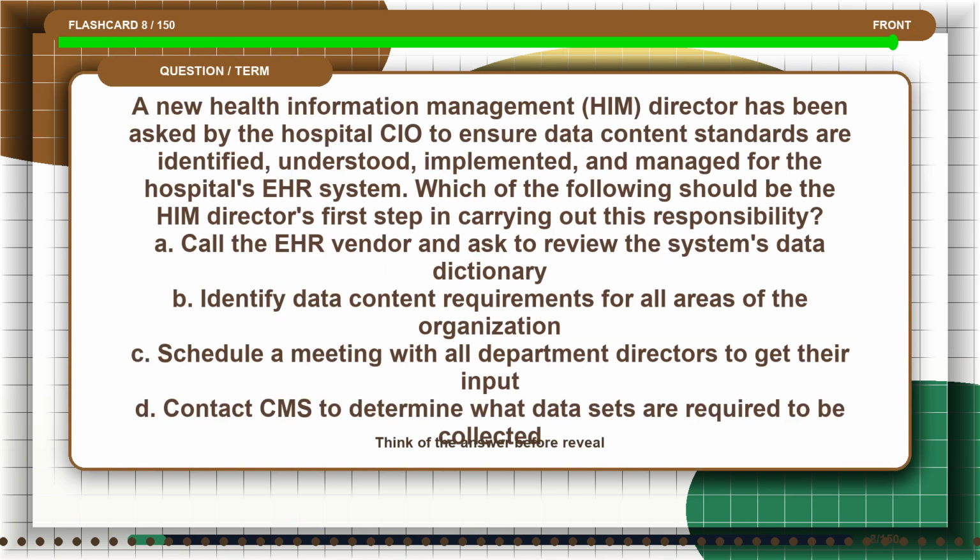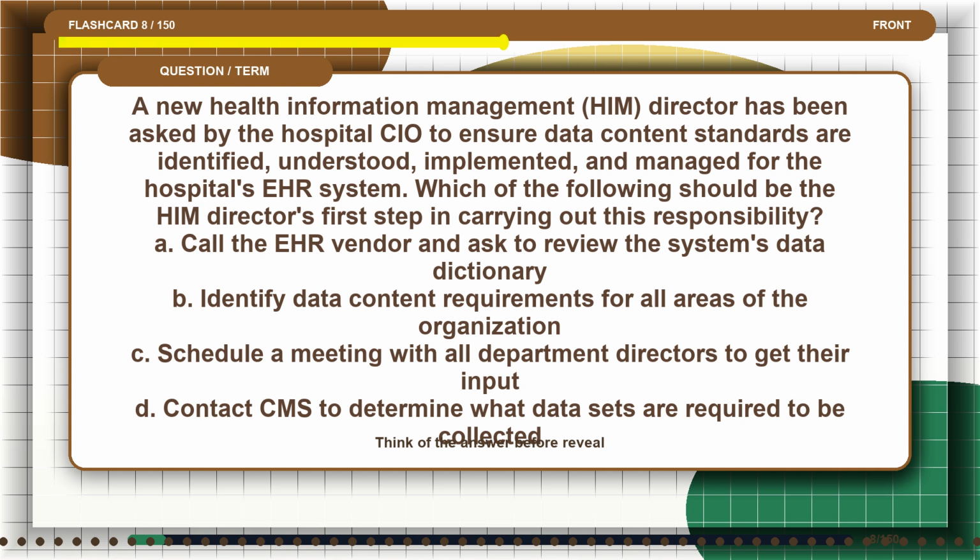Flashcard 8. A new Health Information Management, HIM, director has been asked by the hospital CAO to ensure data content standards are identified, understood, implemented, and managed for the hospital's EHR system. Which of the following should be the HIM director's first step in carrying out this responsibility?